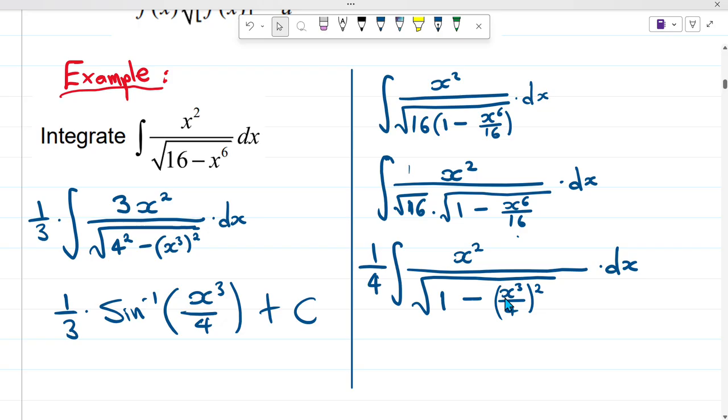We then make sure that on our numerator we have the derivative of this. So when we differentiate this, what do we get? We get 3 over 4 here.